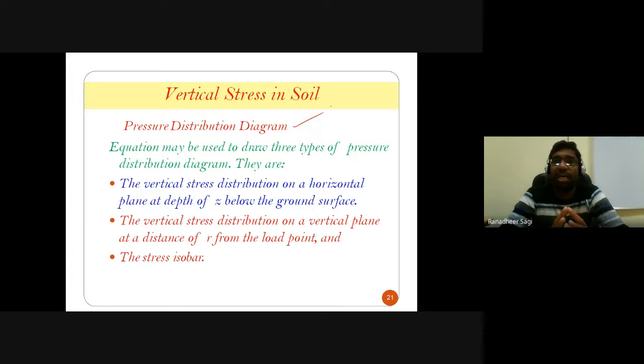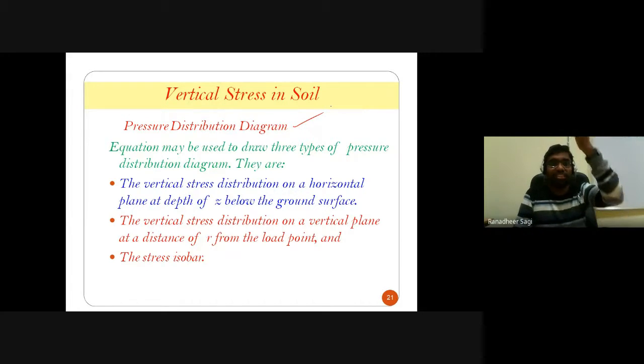One is how the vertical stress varies on a horizontal plane, and the other is how the vertical stress varies on a vertical plane. And we are going to talk about another stress distribution diagram, which we are going to call the stress isobar.